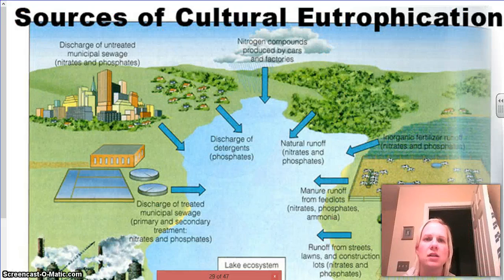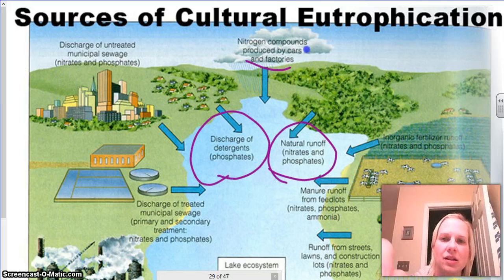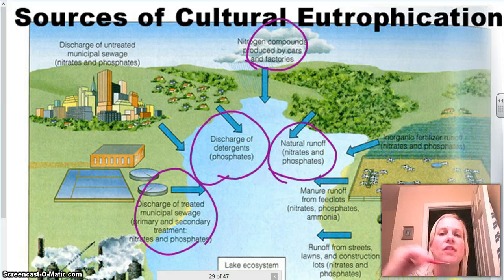Okay, and in terms of our impact, we speed up eutrophication because we add a lot of stuff into water that is a nutrient that causes plants to grow.